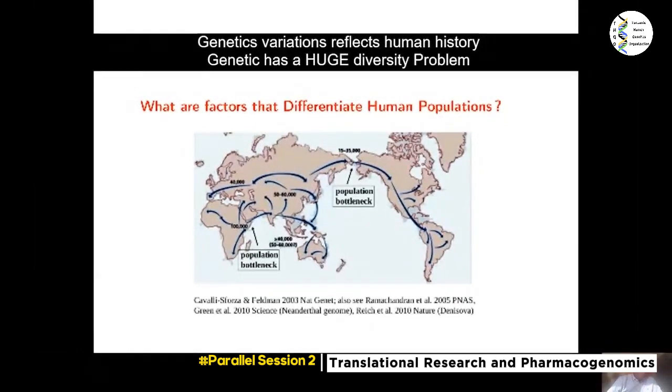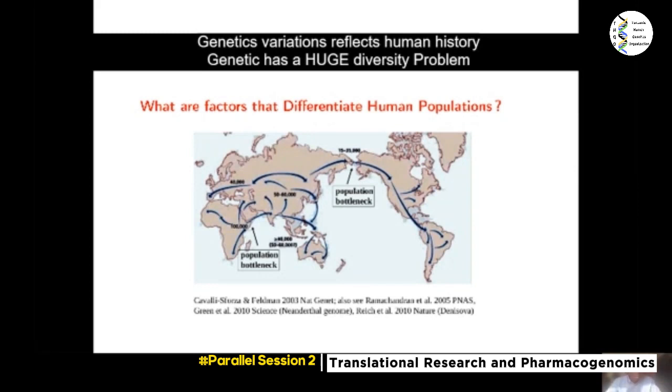We also know different factors that contribute to variation in terms of disease susceptibility, treatment and drug response. Those include mutations that occur often and randomly, natural selection, population bottleneck, admixture, and more other factors.